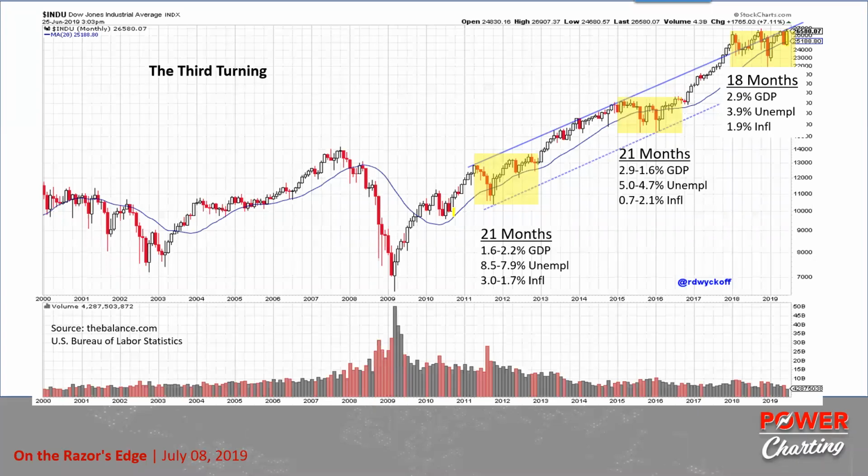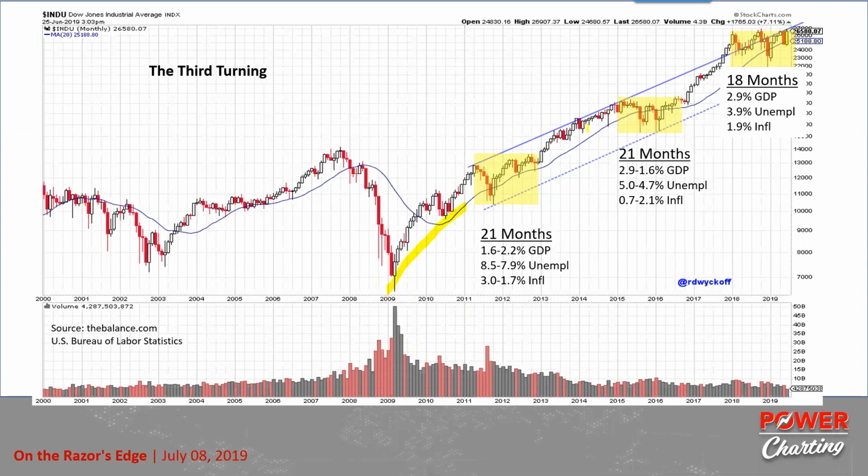Now, this chart goes back to the recent blog that I did on the razor's edge. And so this is going to be all engaged or related to the recent blog and also videos that I've done. And you can see here that this represents the bull market going back to 2009 and the low there.